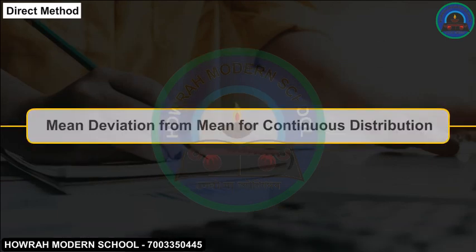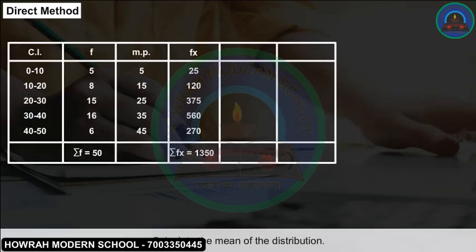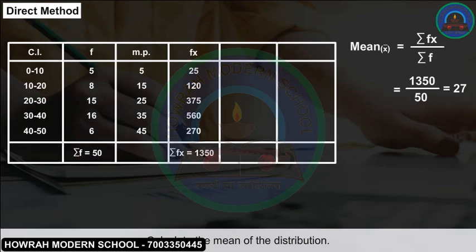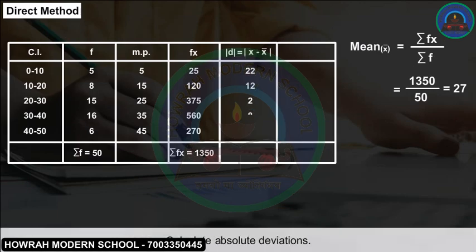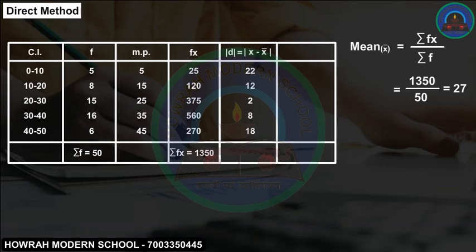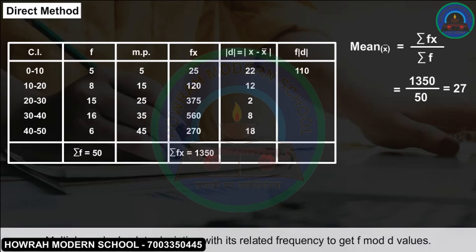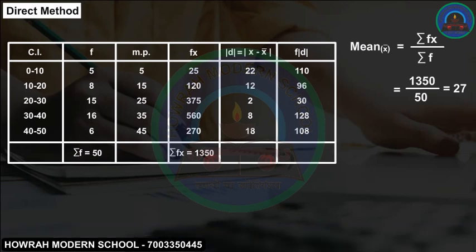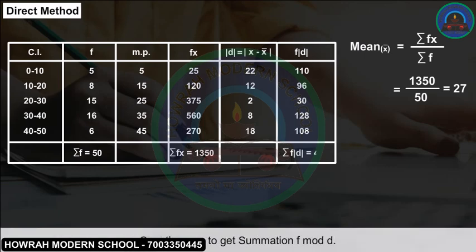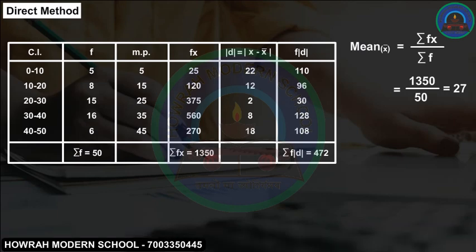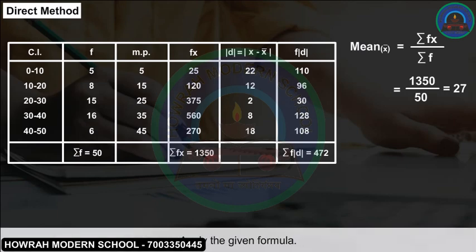Mean deviation from mean for continuous distribution. Calculate the mean of the distribution. Calculate absolute deviations. Multiply each absolute deviation with its related frequency to get f mod D values. Sum them up to get summation f mod D. Apply the given formula.